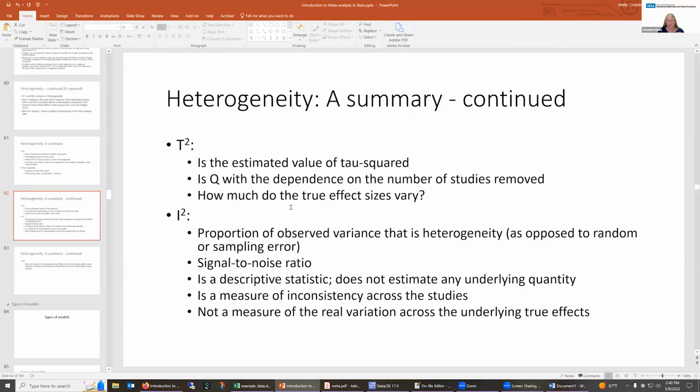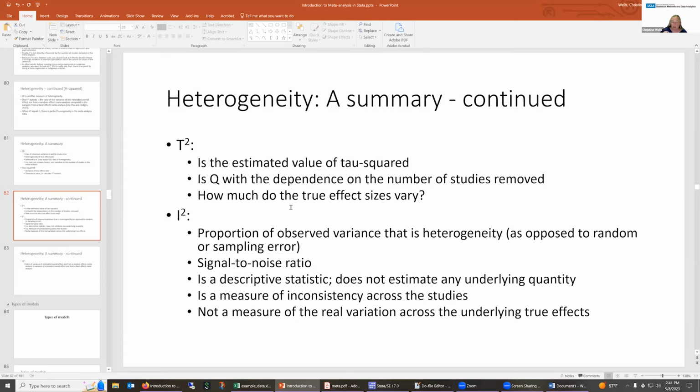That's all it is. It is a measure of inconsistency across the studies, and Borenstein would argue that this is why you came and did your meta-analysis, is that you wanted to know about this inconsistency across these studies that are looking at the same research question using very similar methodologies, similar instruments, similar everything else, and you're looking at this inconsistency across these studies.